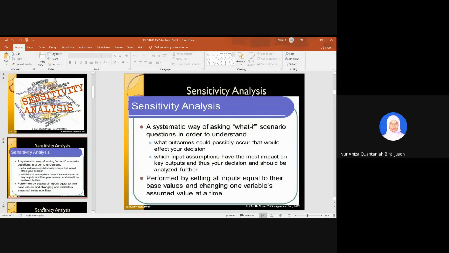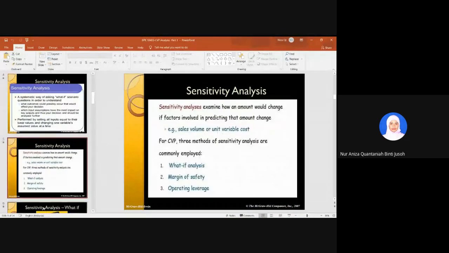It is a systematic way of asking what if scenario questions in order to understand. In sensitivity analysis, there are actually three approaches that are commonly employed: the what if analysis, the margin of safety, and the operating leverage. Here I'm going to explain only the what if analysis, MOS and operating leverage.